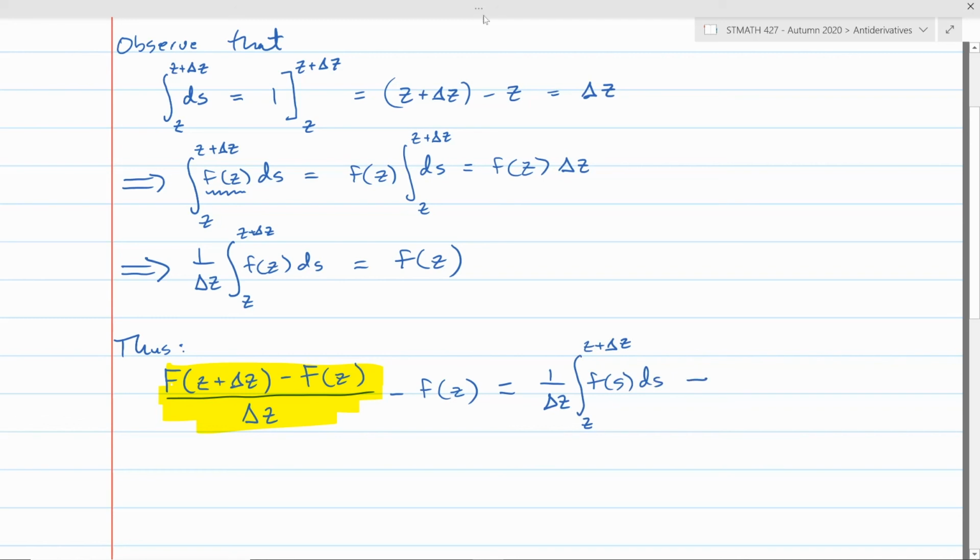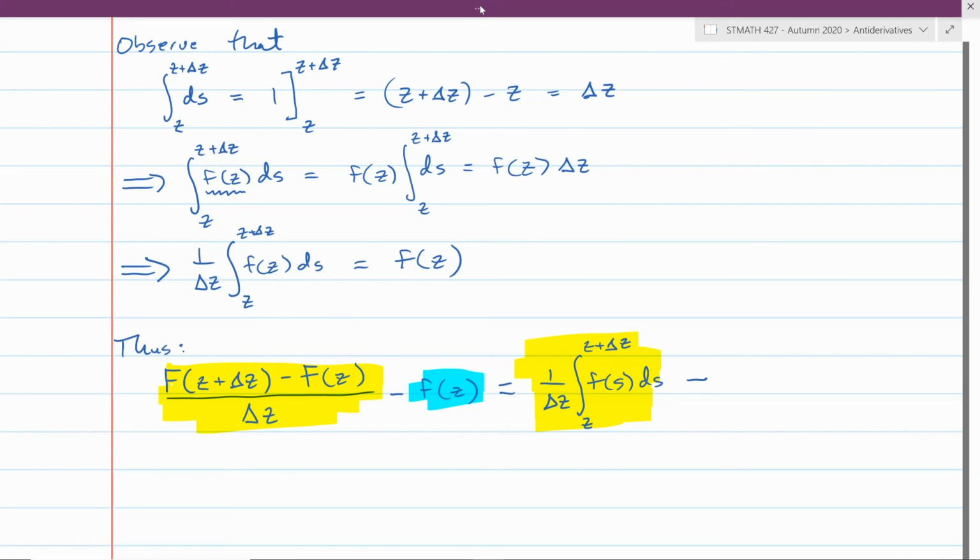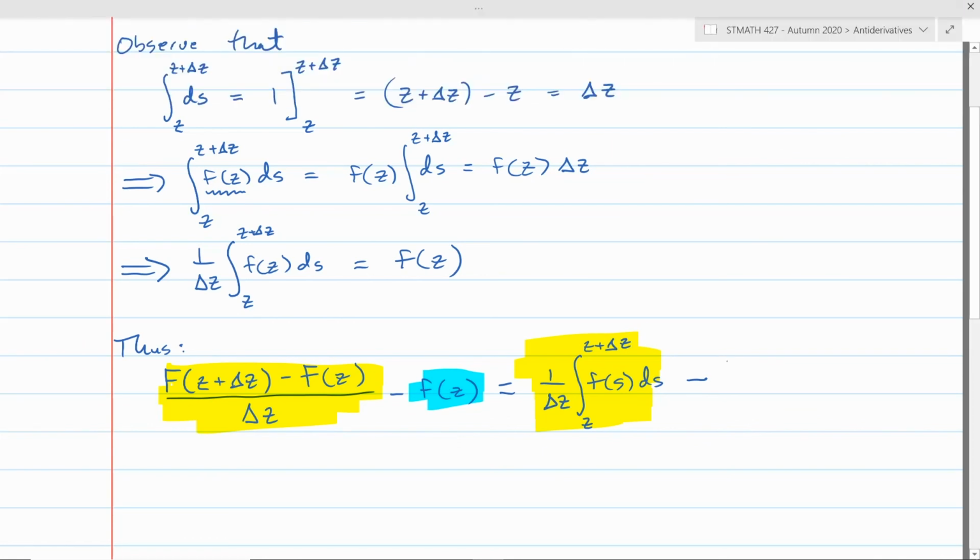Minus, so let me color code this here. The things in yellow are equal. Minus f of z here, we just worked out that that can be expressed as the integral from z to z plus delta z of f of z ds. And that was multiplied times 1 over delta z also, so 1 over delta z there.